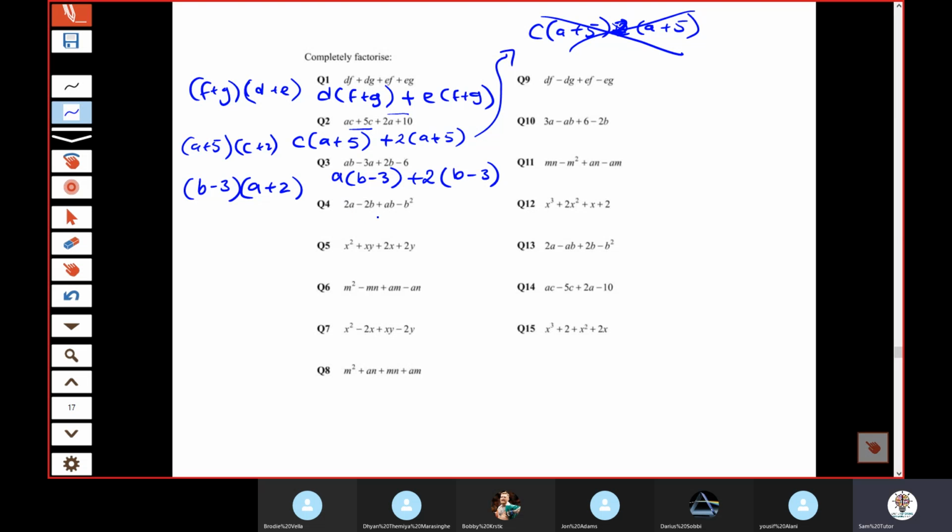Again, Jono, question 4. 2 bracket A plus B, minus B plus B. Remember, they're meant to be the same. So you can do it a little faster. Keep going.